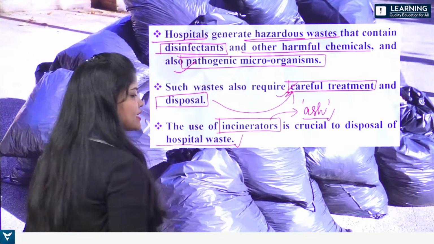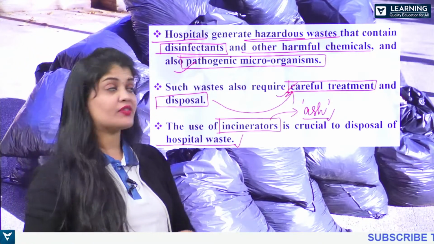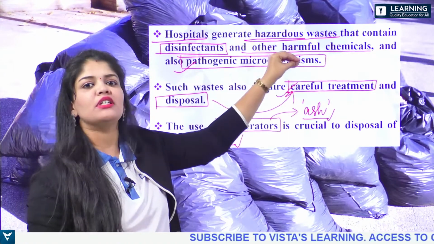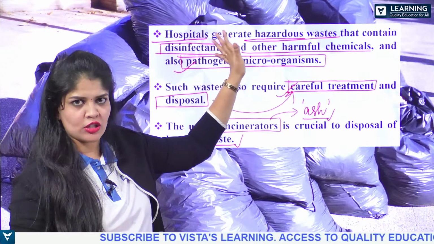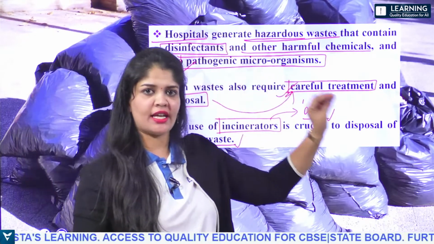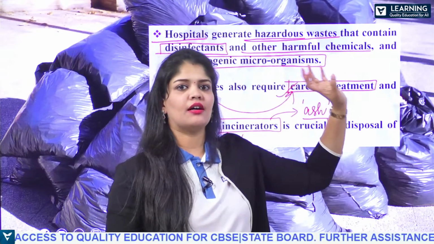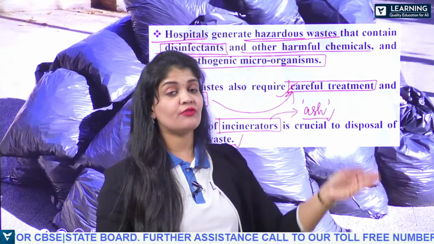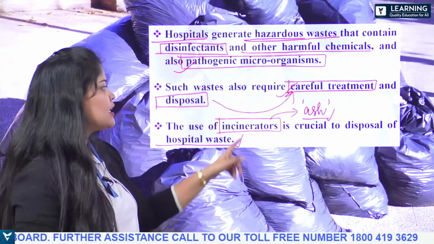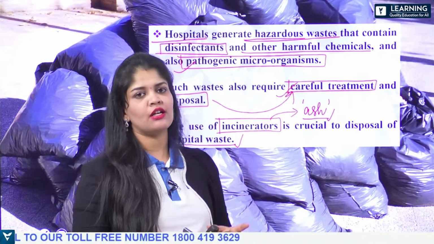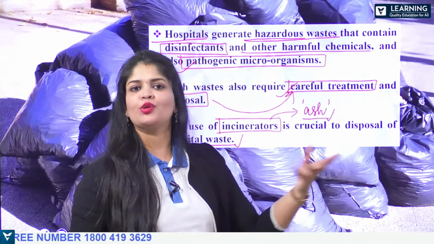Importance is given to this because of the hazardous, harmful, dangerous chemicals present in hospital waste. Because of that, hospital waste is not to be disposed of directly in landfills, ditches or ground pits. Before that, we have to incinerate it. Incinerators are useful to burn this harmful waste into ashes.